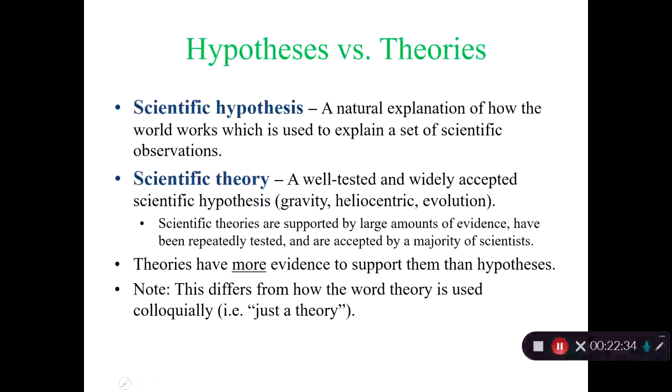So again, theories have more evidence to support them than hypotheses. Now, this can be used when we think about debates, right? The fact that scientific theory means something different than when someone says, oh, I've got a theory about that, right? Because when they're saying that, they mean just a kind of a wild guess, right?